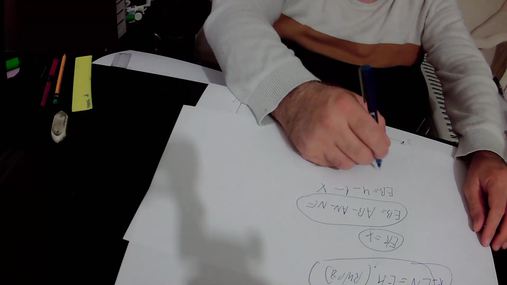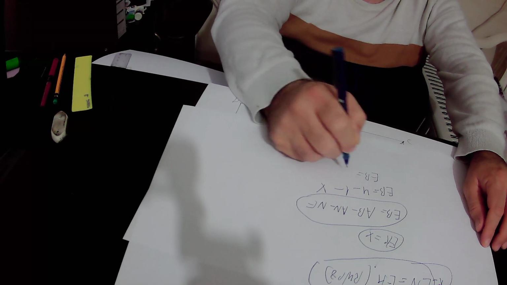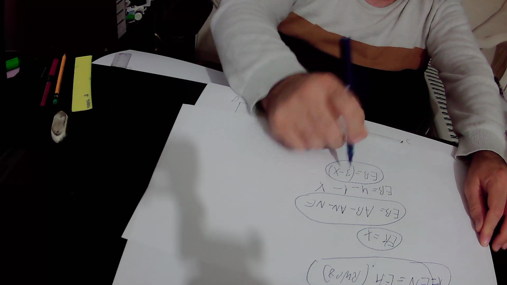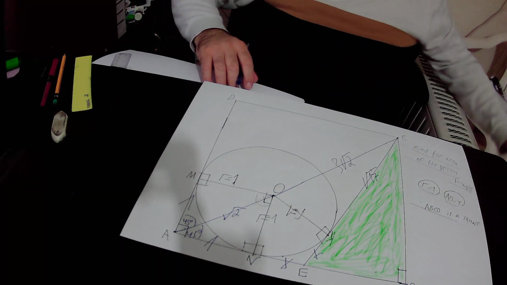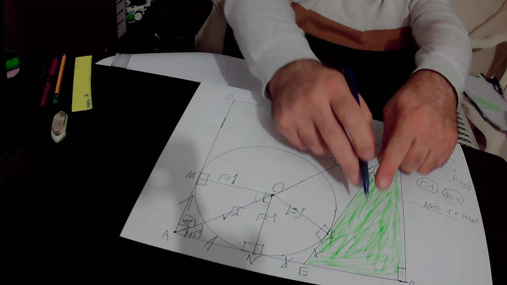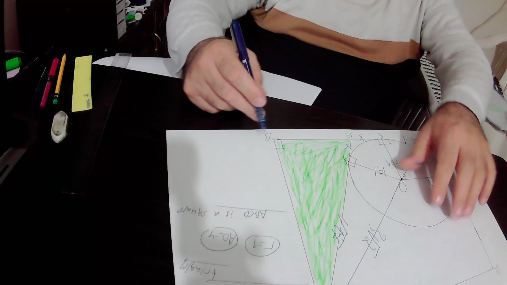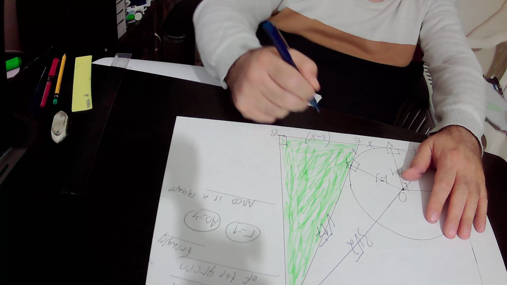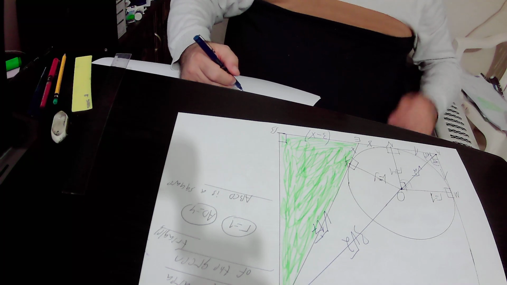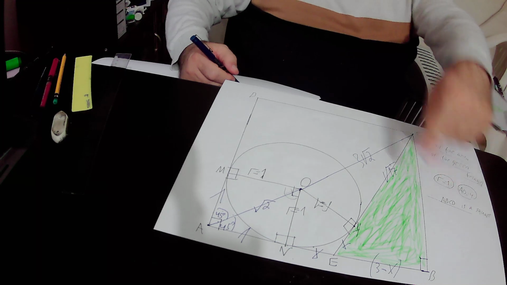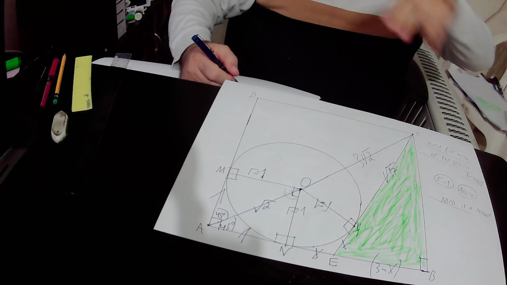So EB equals 3 minus X. So we can write here that EB, one side of the green right triangle, equals 3 minus X. And BC is one side of square ABCD, therefore it equals 4 units.